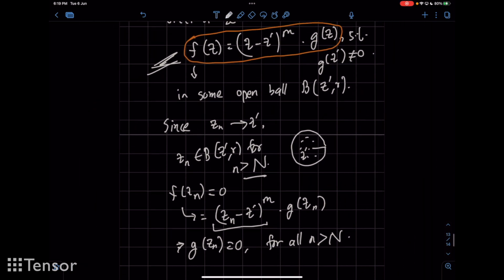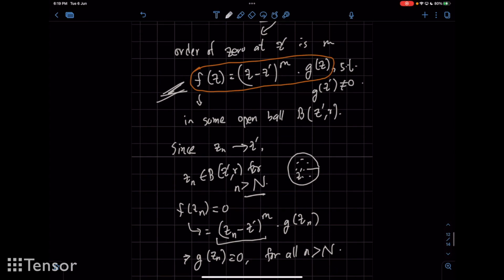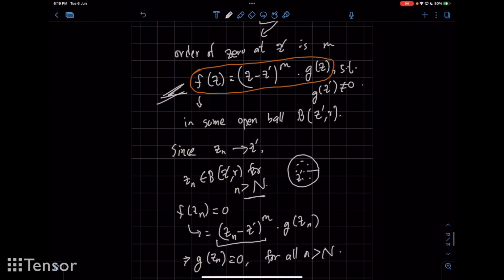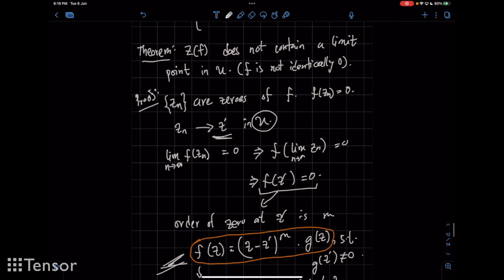Let me zoom out a little bit. So what was our Z prime? From the beginning, we have assumed for the sake of contradiction that the zero set has a limit point.